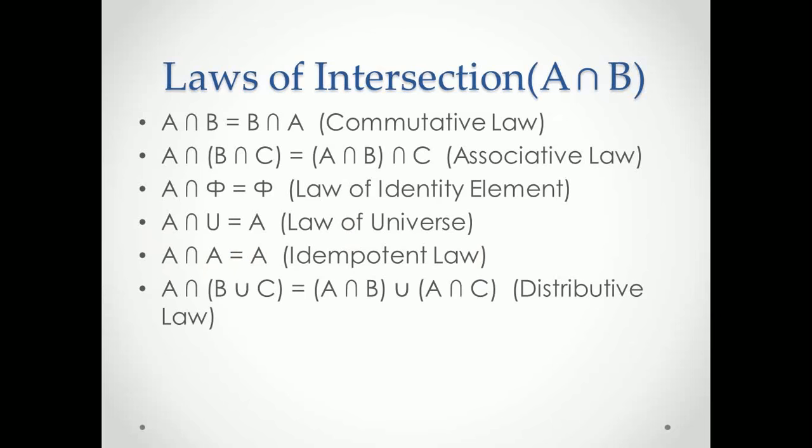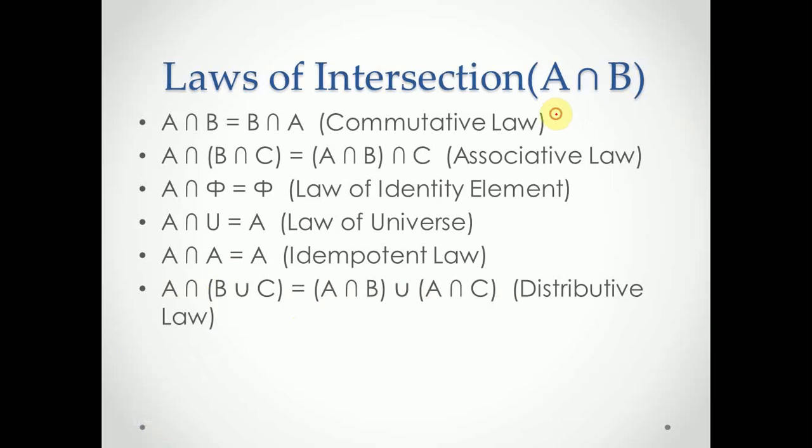Now there is one more additional law which comes here, which is the distributive law. It says that whenever you find the intersection of a set with a union of two different sets, for example A intersection B union C, the intersection distributes over the elements B and C, as we can see here: A intersection B union A intersection C. So this is called the distributive law.